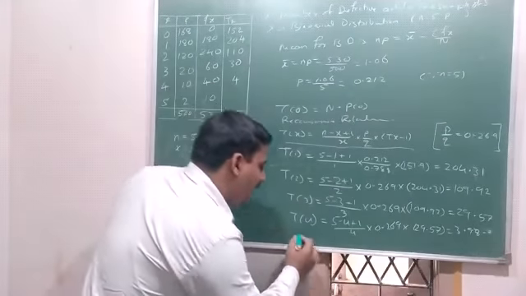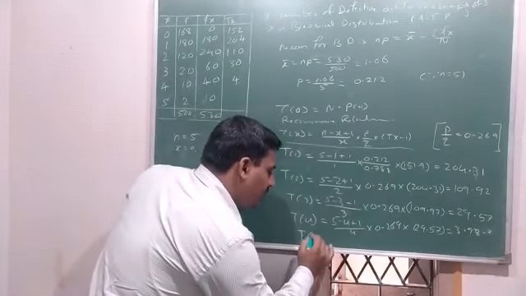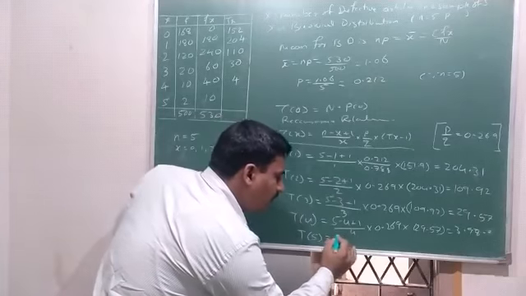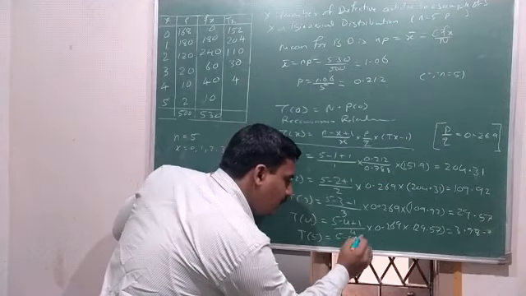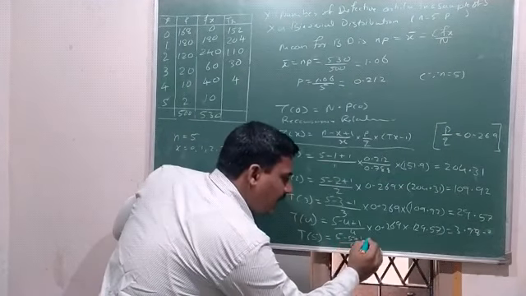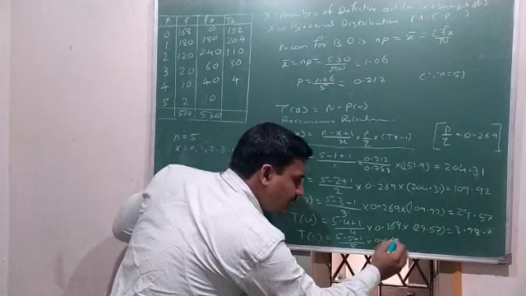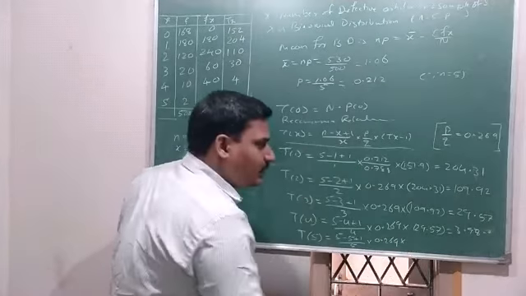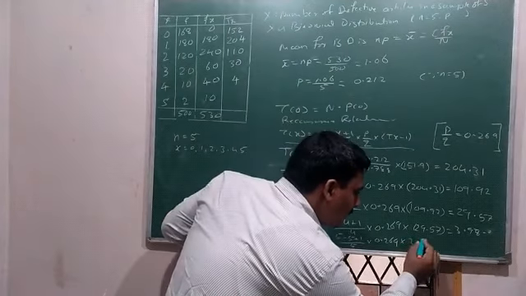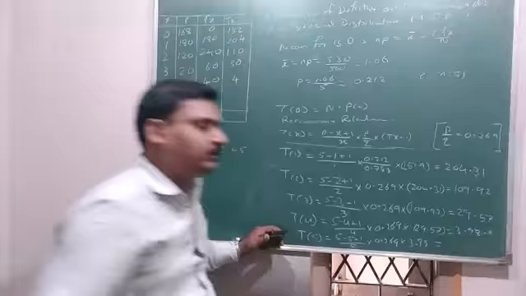And finally, the last theoretical frequency, T5, is equal to 5 minus 5 plus 1 divided by 5 into 0.269 into 3.98.